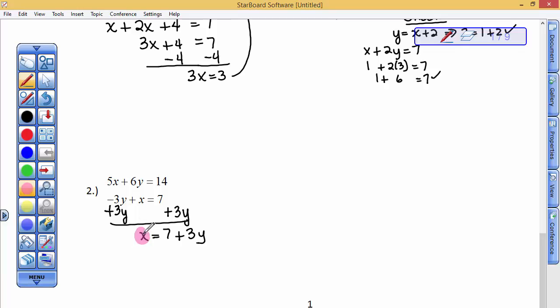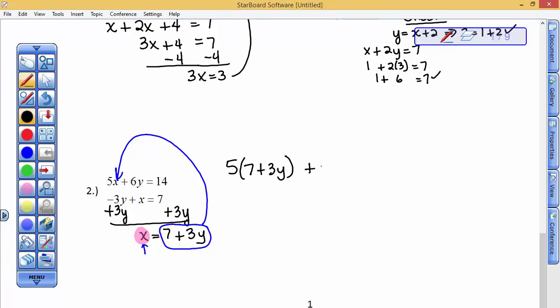So I'm now going to take this expression and substitute it in for x, remember, in the first statement. So it's 5 times that. So 5 times x, which is 7 plus 3y, plus 6 times y equals 14. And here I'll get 35 plus 15y plus 6y equals 14.